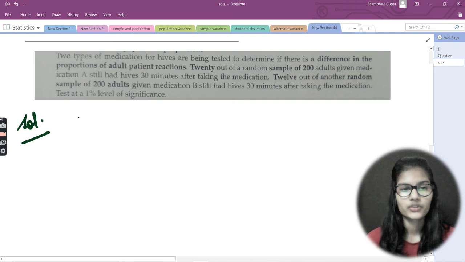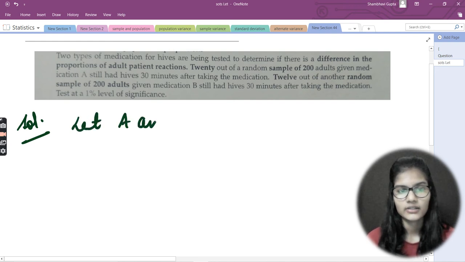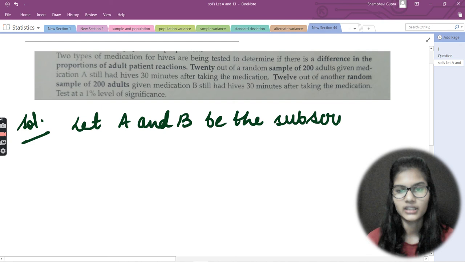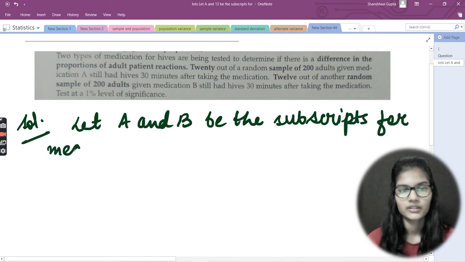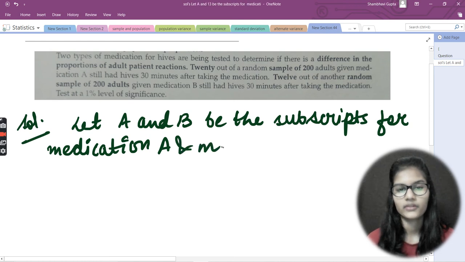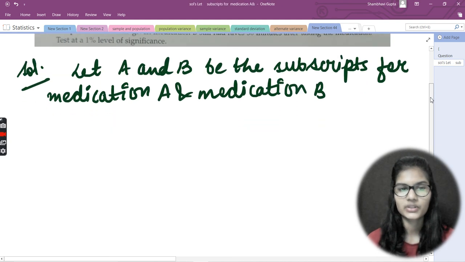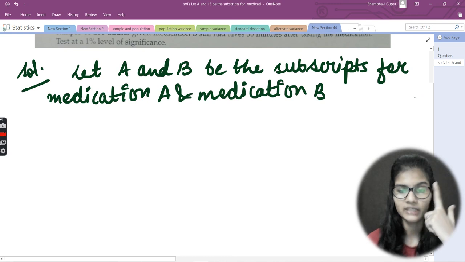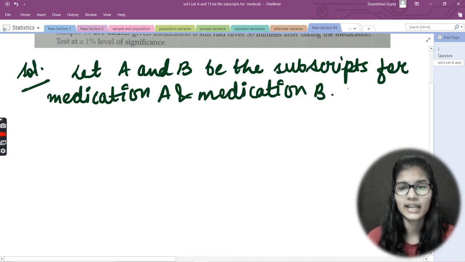Okay, now what I would just do, I would just write let A and B be the subscripts for medication A and medication B. Then what are the PA and PB?